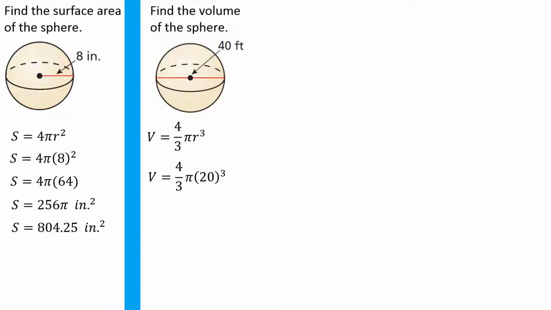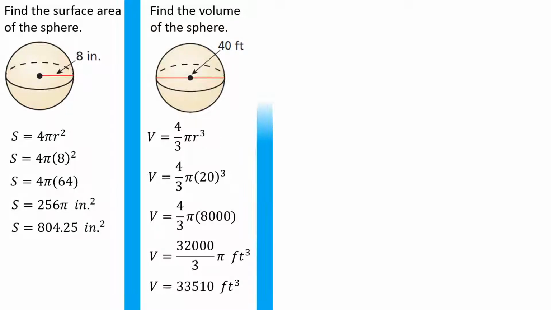So 20 times 20 times 20, 8,000. 8,000 times 4 is 32,000. 32,000 is not divisible by 3. So there is an exact answer: 32,000 thirds pi cubic feet. Or if I grab a calculator.